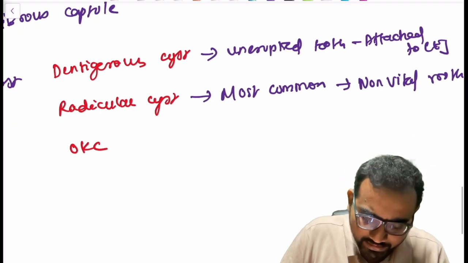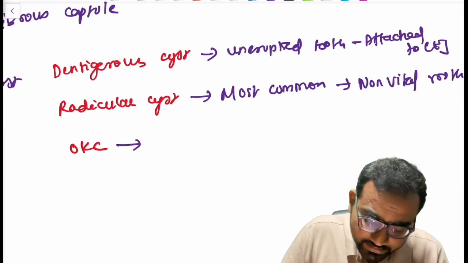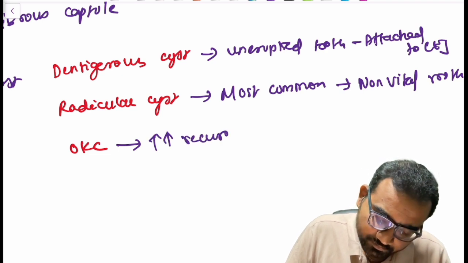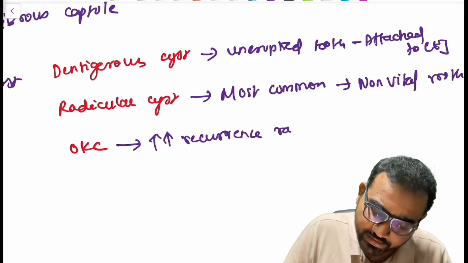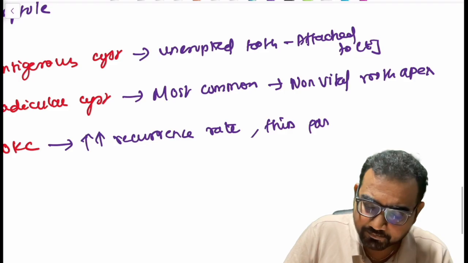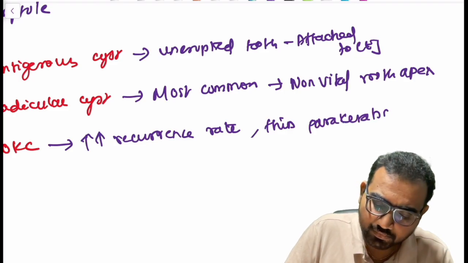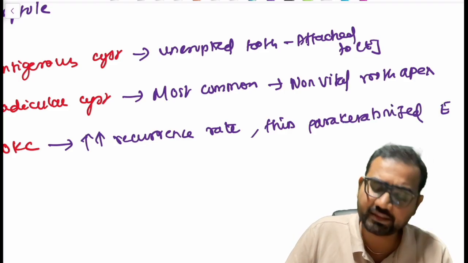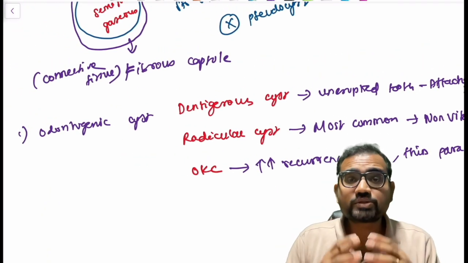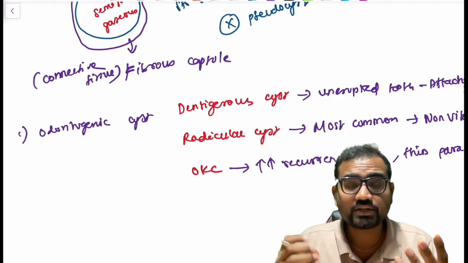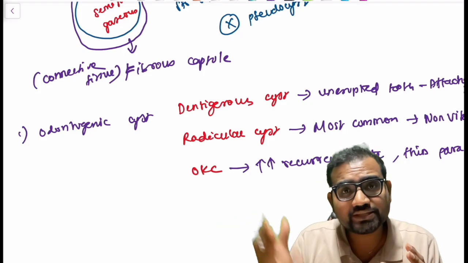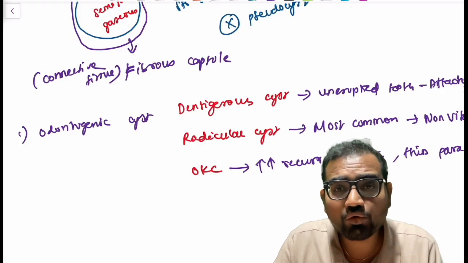Odontogenic keratocyst has a high recurrence rate due to satellite cells and also thin parakeratinized epithelium. So these three will form odontogenic cyst. So which is the most common odontogenic cyst? Radicular cyst. Which cyst is associated with non-vital tooth? Radicular cyst. Which cyst is attached to a CEJ? Dentigerous cyst. Which will have more recurrence rate? Odontogenic keratocyst.